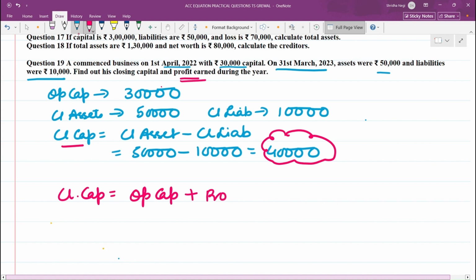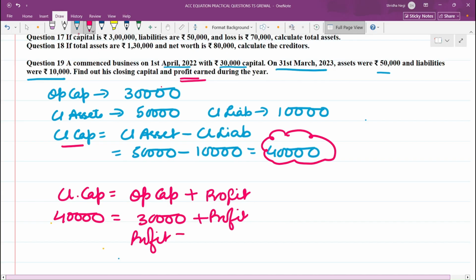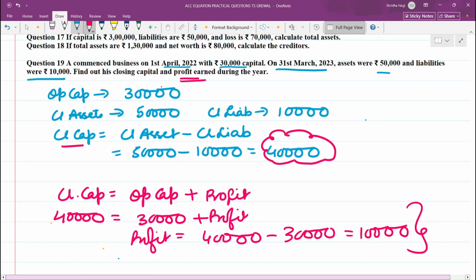So obviously the difference is the profit. Closing capital, which is 40,000, is equal to 30,000 plus your profit. So the profit is 40,000 minus 30,000, which is equal to 10,000. So 10,000 is the profit.